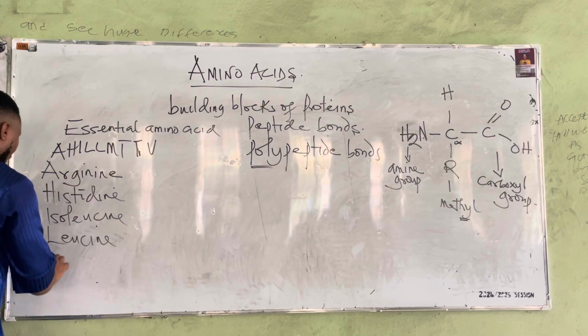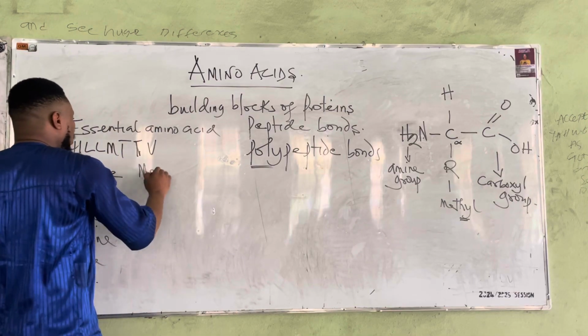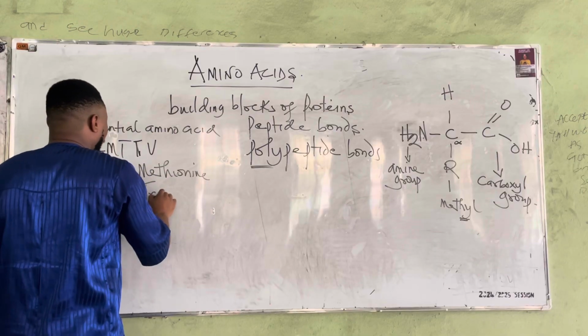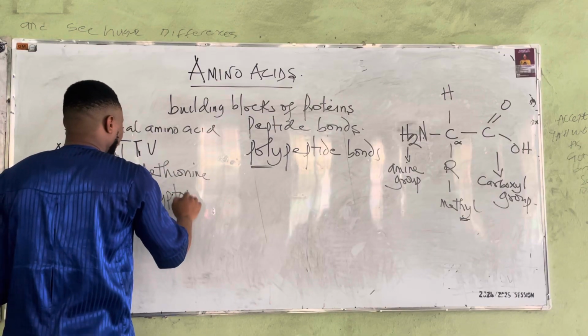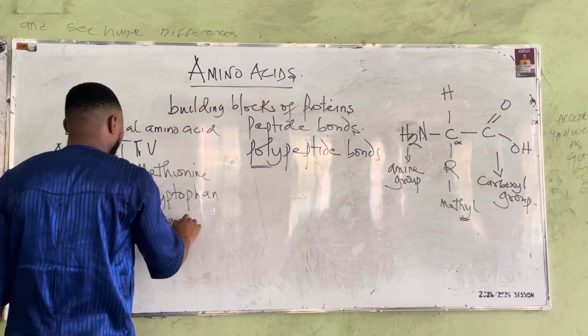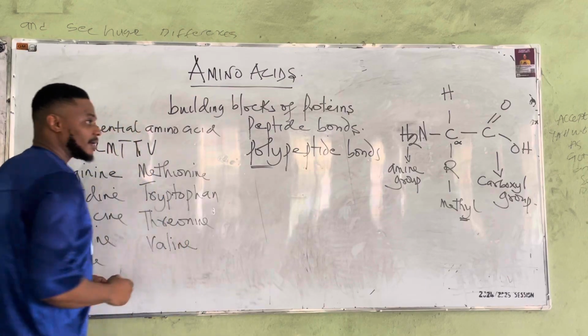The second L is called lysine. The next one is called methionine. The next one is called tryptophan. The next one is called threonine. And the last, the 10th, is called valine.